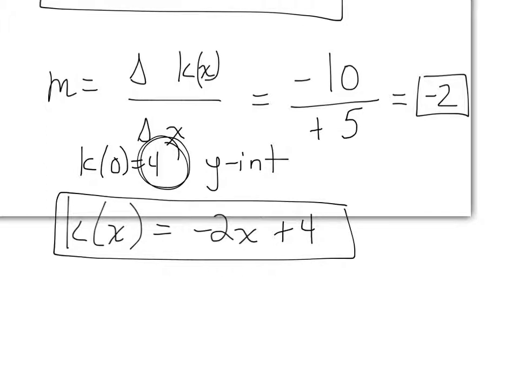If you were told the position of an object at 0 is equal to 20, it means that if this is the origin, at the beginning of the scenario the person starts 20, let's say feet, to the right of the origin. And then maybe the person moves left or right based on the slope. It's giving you a starting location, like a stock market value.